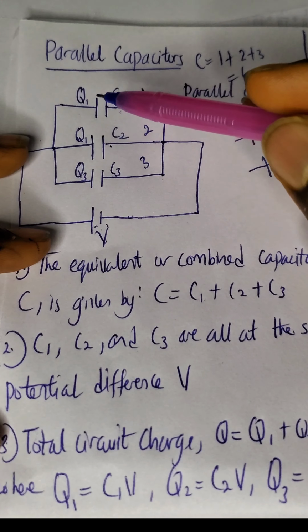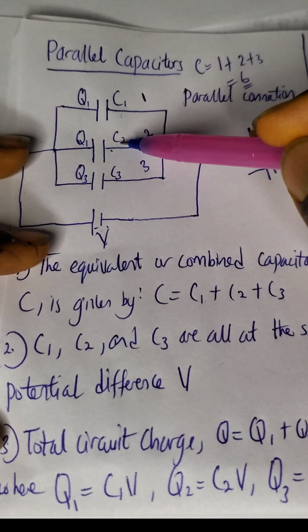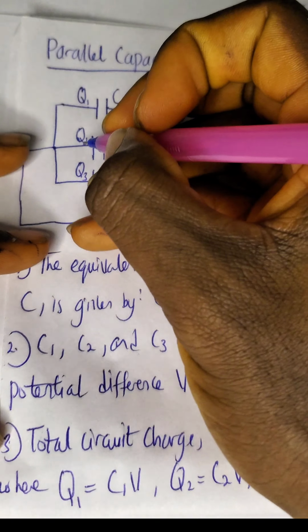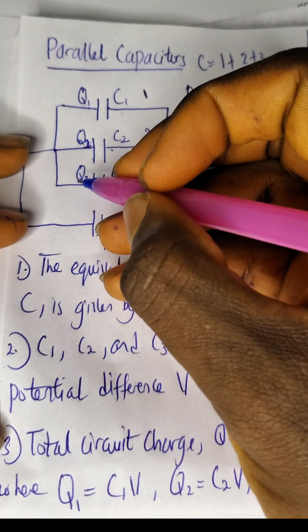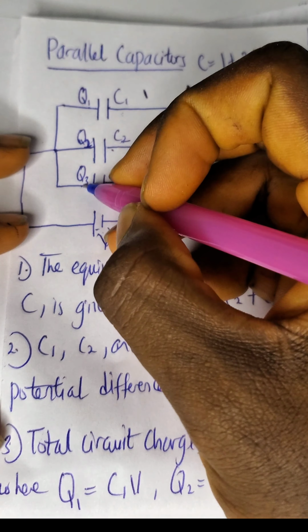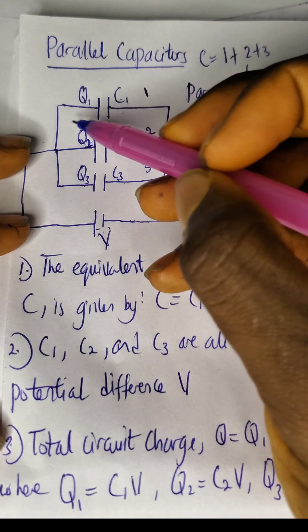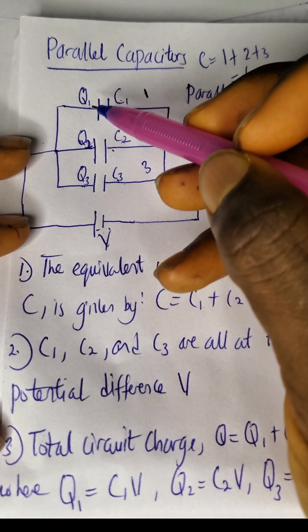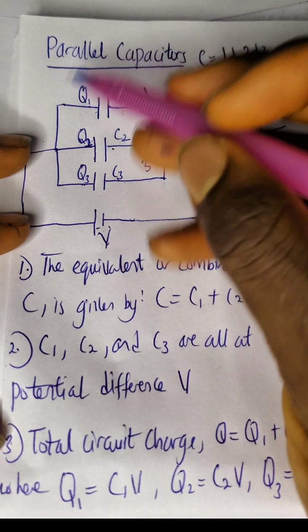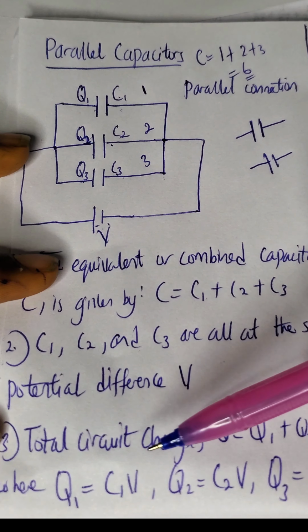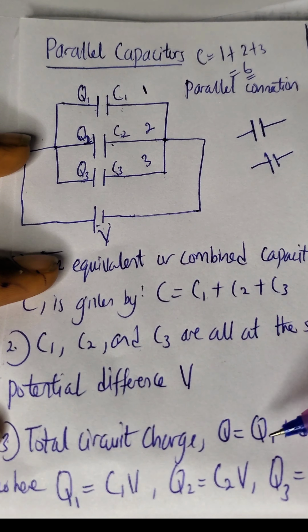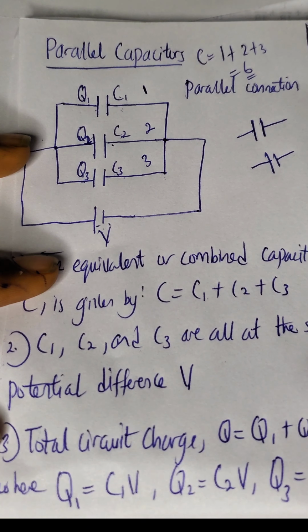C1 has Q1 as its charge, C2 has Q2, C3 has Q3. The charge flowing through each capacitor is different for parallel connection. So the total circuit charge Q is equal to Q1 plus Q2 plus Q3.